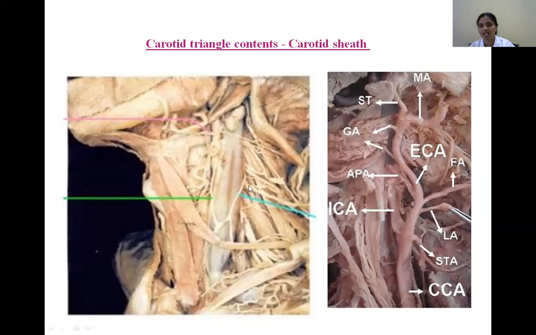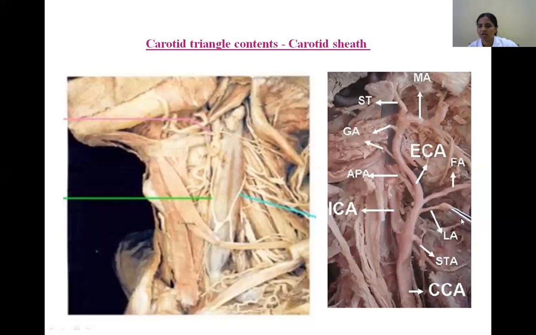The second important content is the carotid sheath itself. The carotid sheath contains, follow the cursor, the common carotid artery. This common carotid artery divides into the internal carotid artery and the external carotid artery. It is bifurcated exactly at the upper border of the thyroid cartilage. That is the landmark.